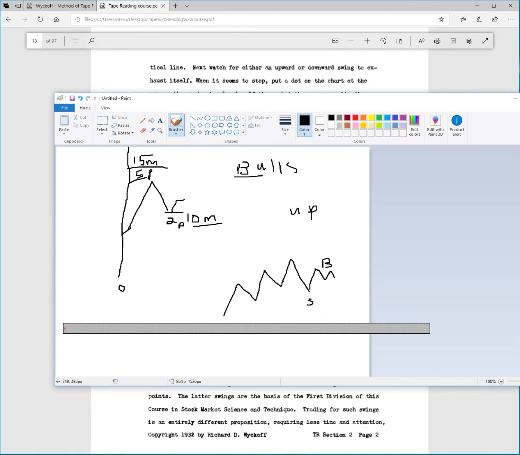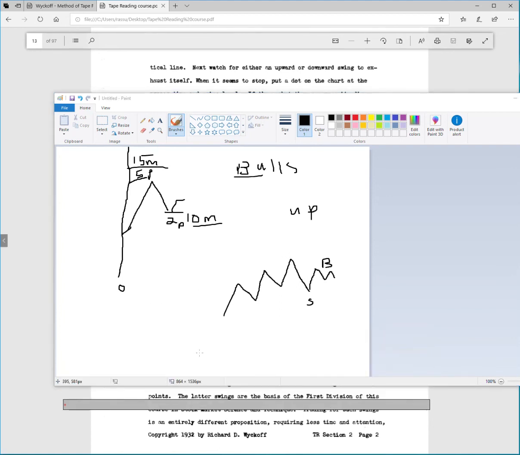The other thing about the shortening is that it's a reference to the shortening of the thrust, which happens right there. The thrust has shortened from high to high to high to high to high.